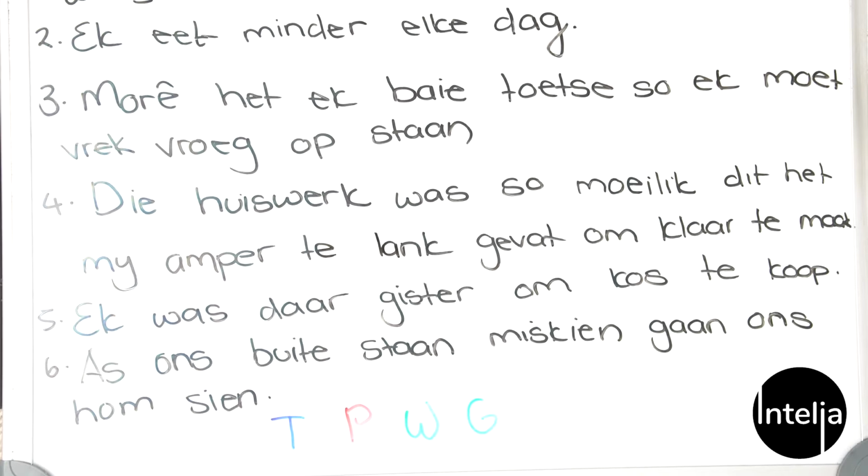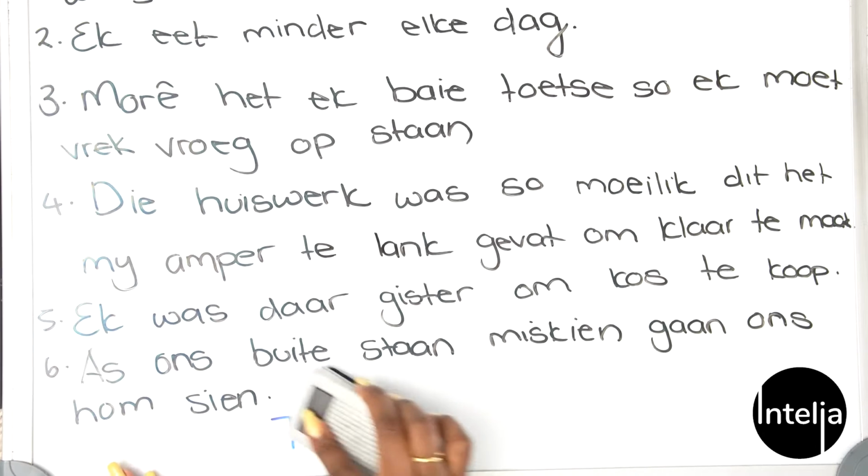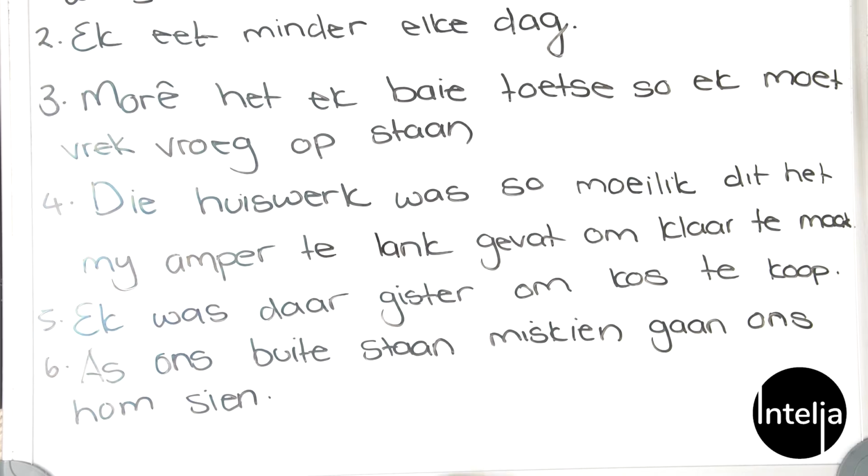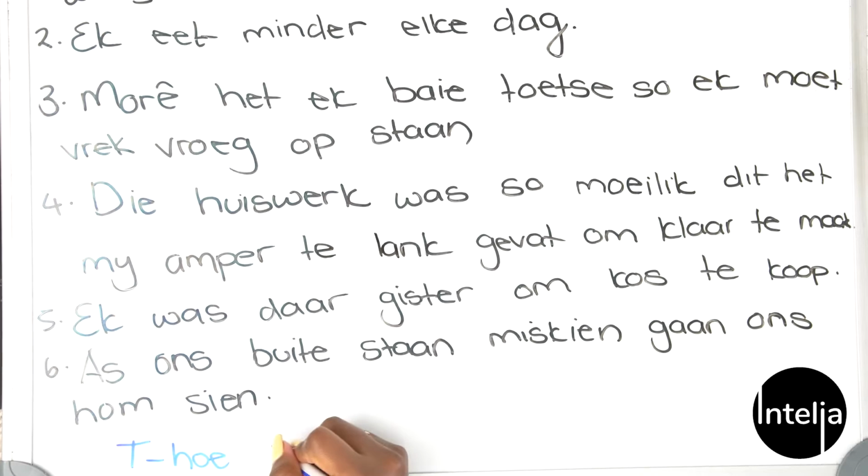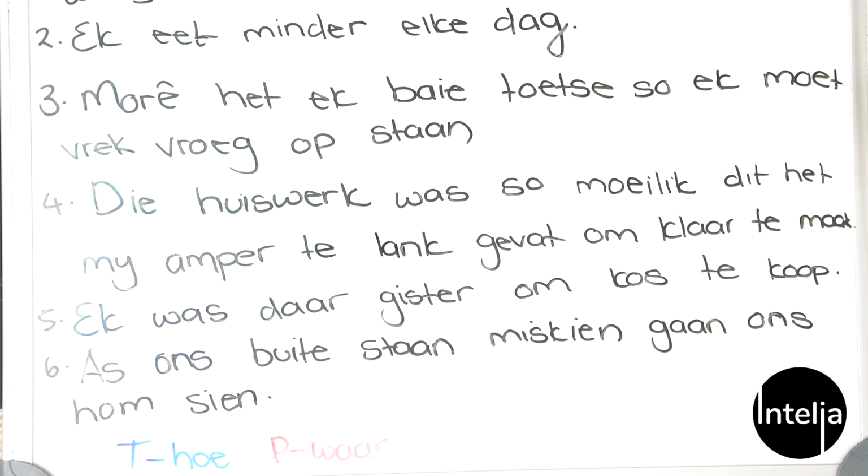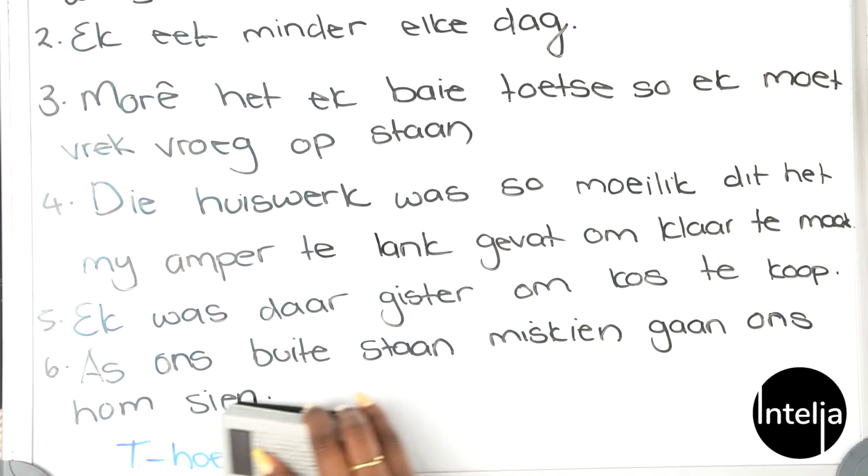Now remember, with tyd, I should have actually left more space so that we can also identify the questions that we ask. So as ons tyd het, vra ons hoe. As ons plek het, vra ons waar. No. Tyd is wanneer. Sorry about that, guys.